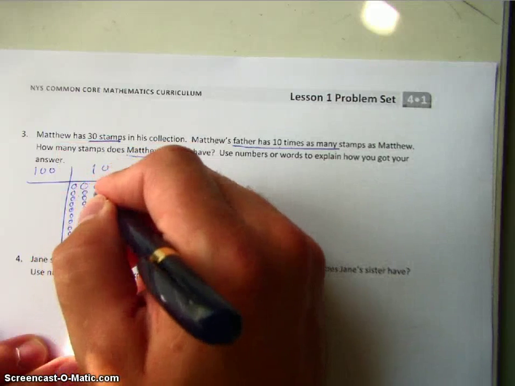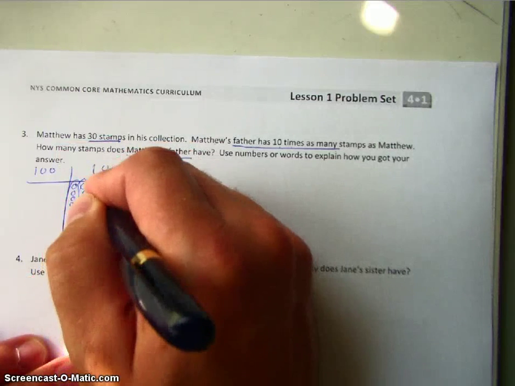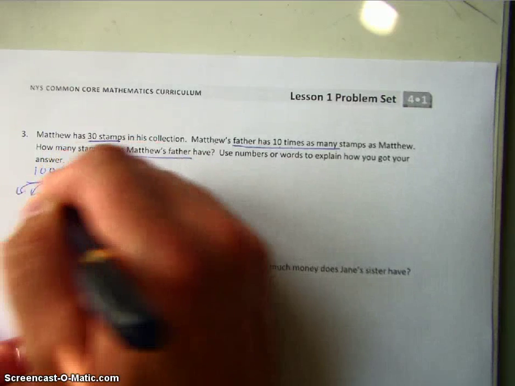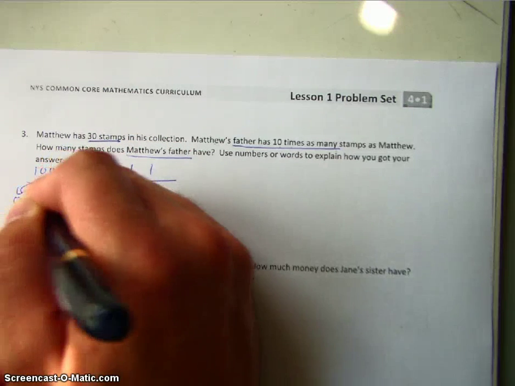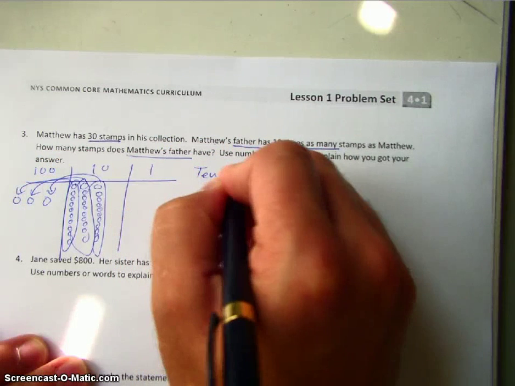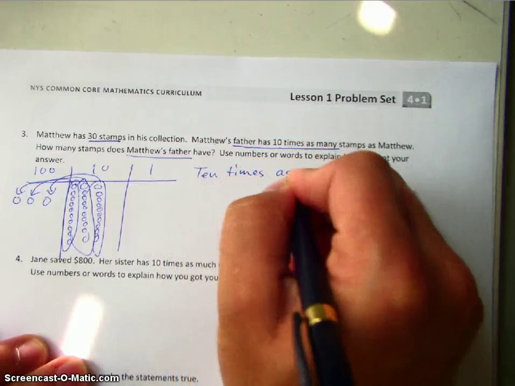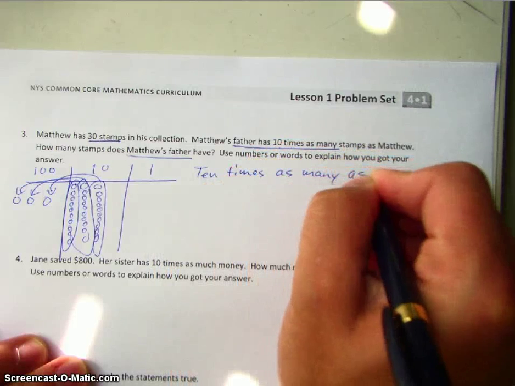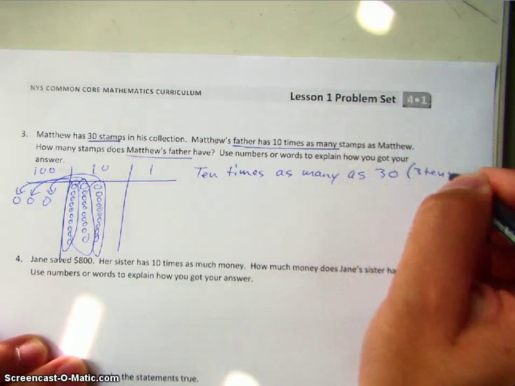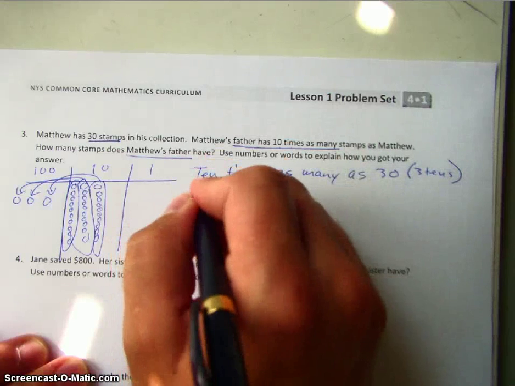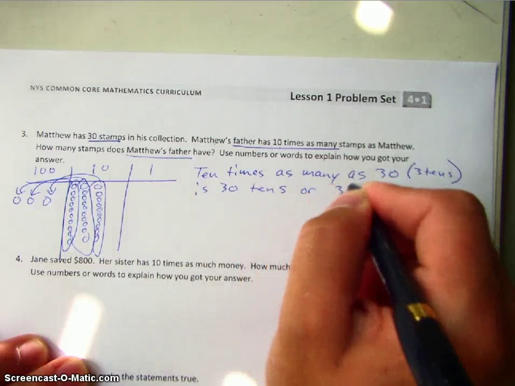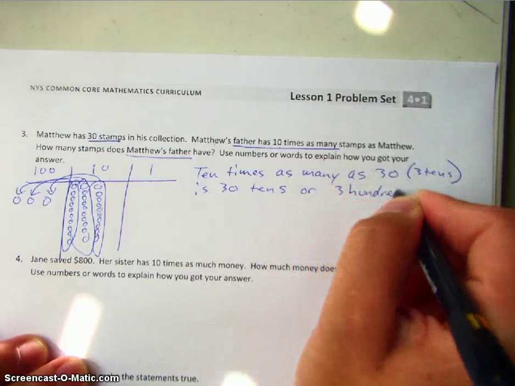Now when we do our bundling, we can make 3 groups of 10, bundle them up to create 300s. So 10 times as many as 30, or 3 tens, is 30 tens, or 300s.